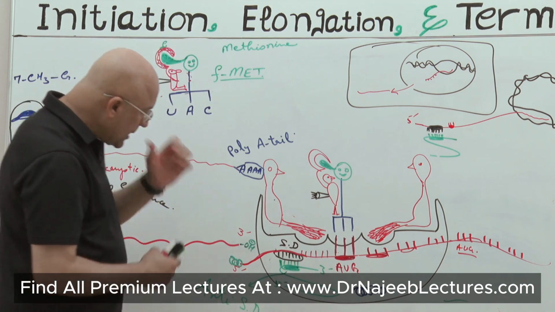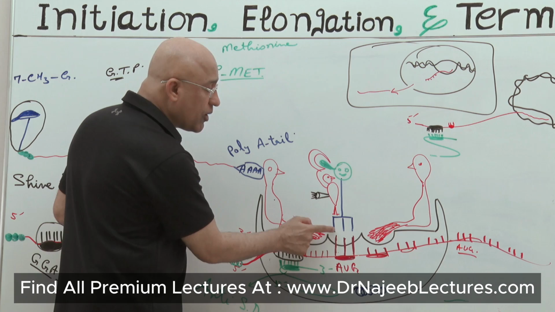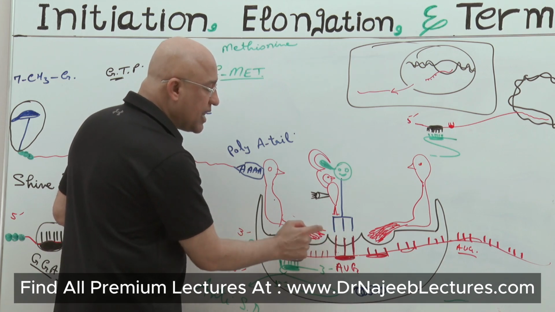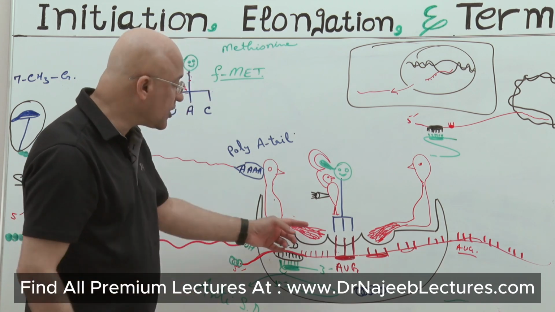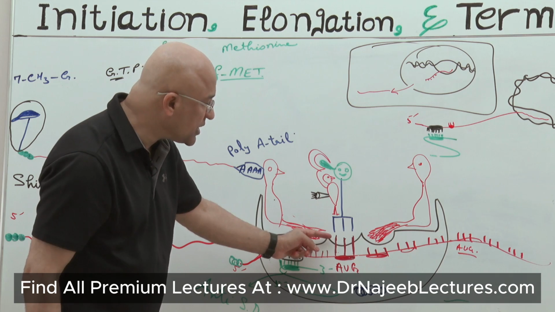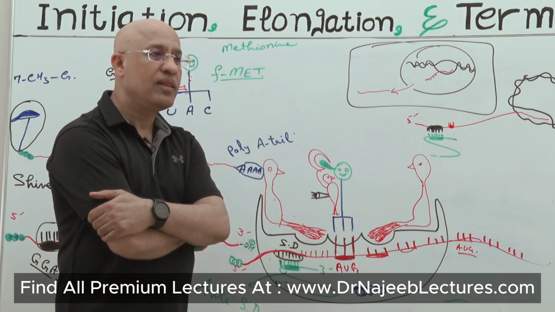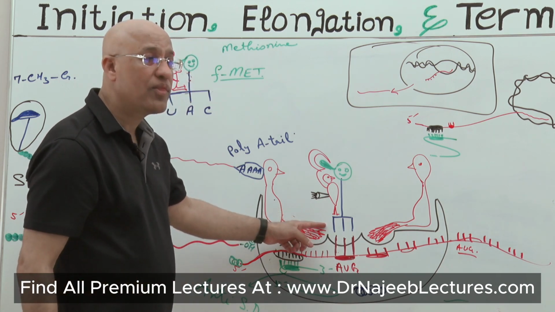And if a wrong transfer RNA is brought here, then the codon and anticodon will not match, and these two will kick that out. It means that initiation factor numbers 3 and 1 also help in proofreading between the codon of messenger RNA and the anticodon of the recently brought transfer RNA.